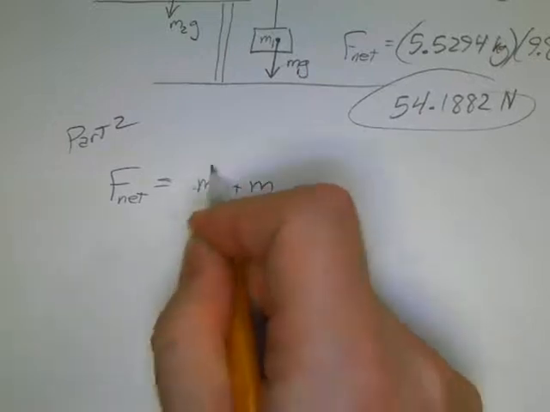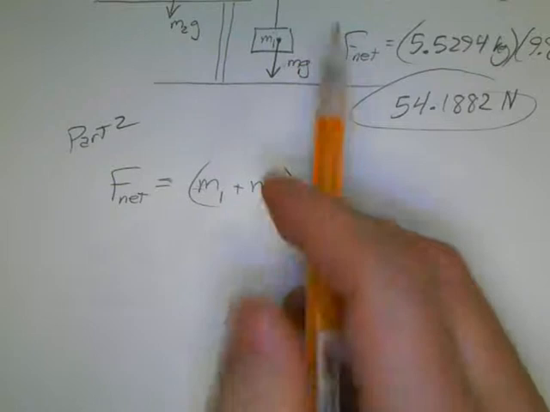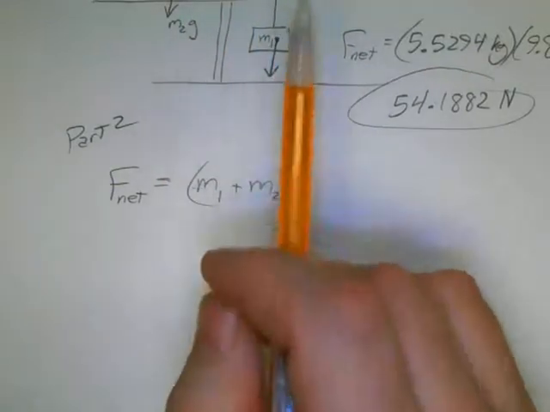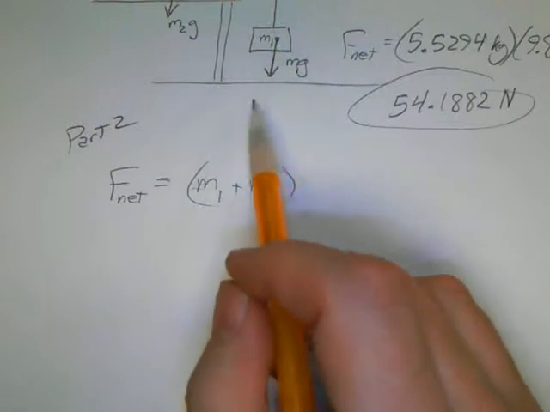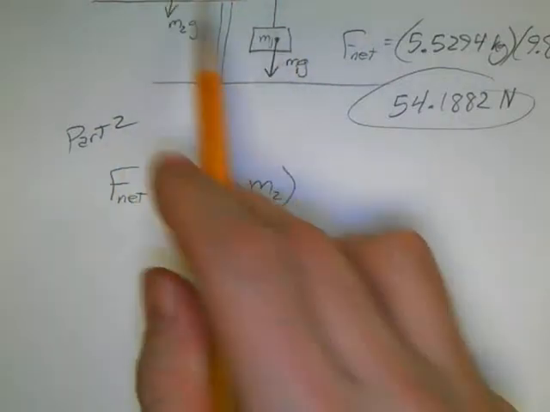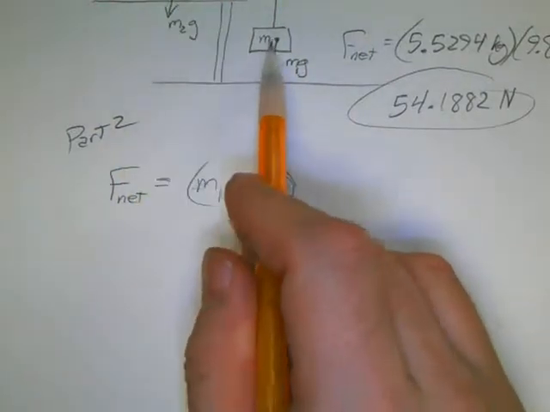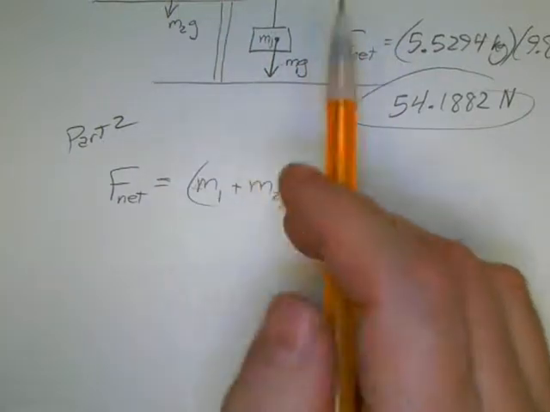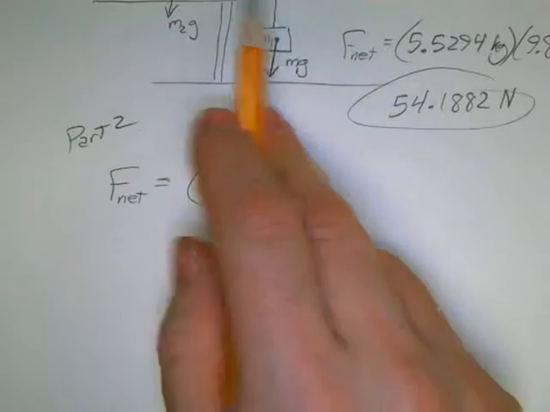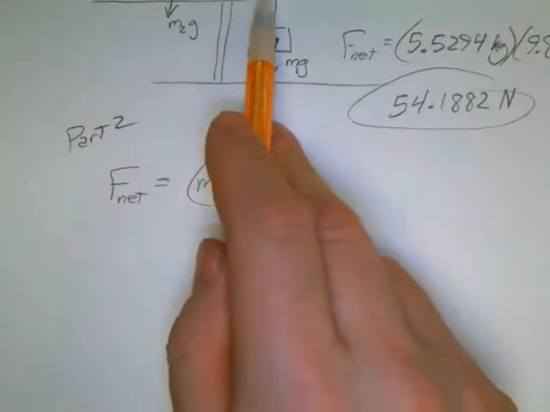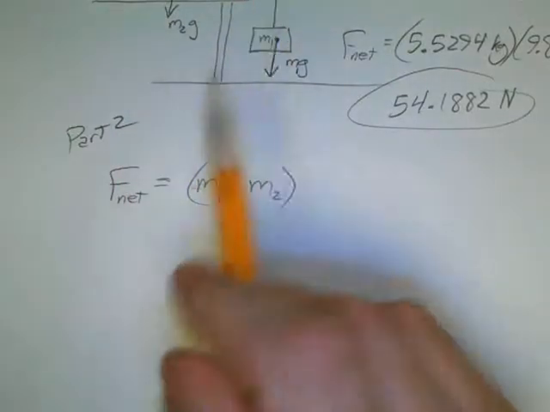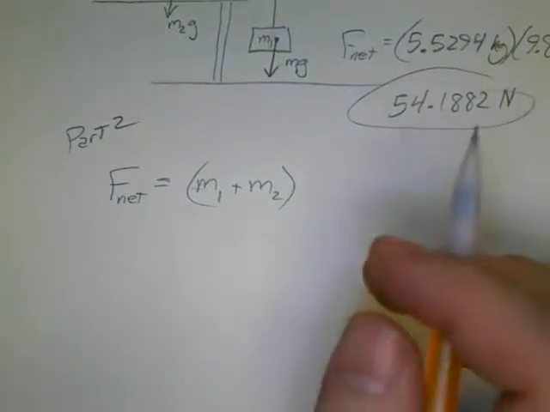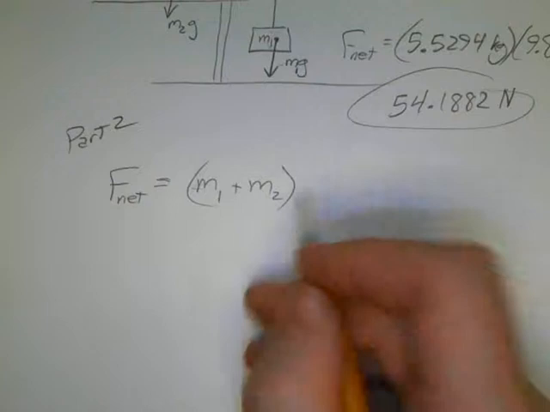And they're going to accelerate together unless the string was able to stretch or deform. Whatever this mass accelerates at, this one is also going to accelerate at. Yes, it changes its direction because of the pulley, but we're going to take just the magnitude part of it and not the direction part. So they're going to have the same acceleration.